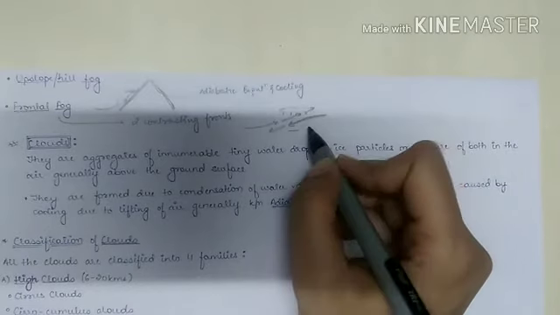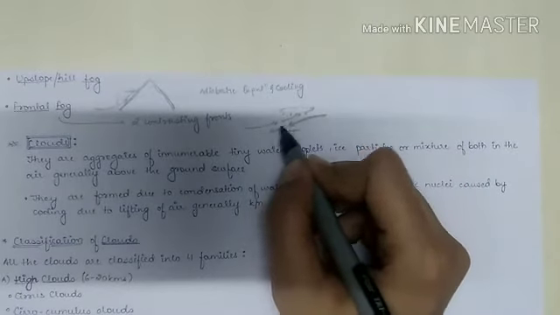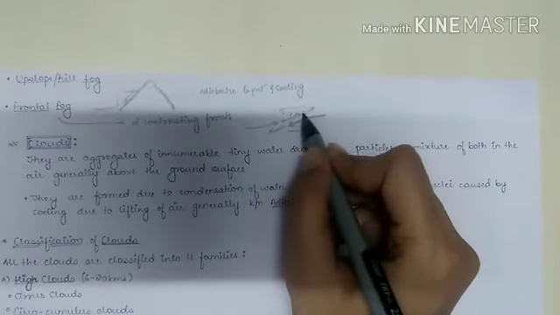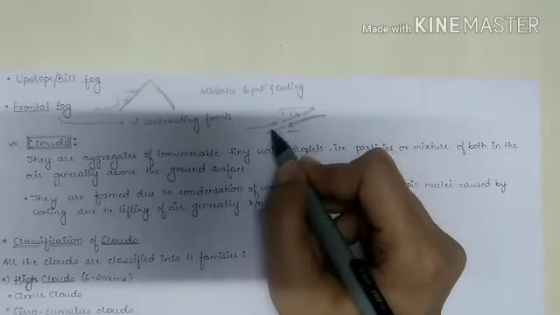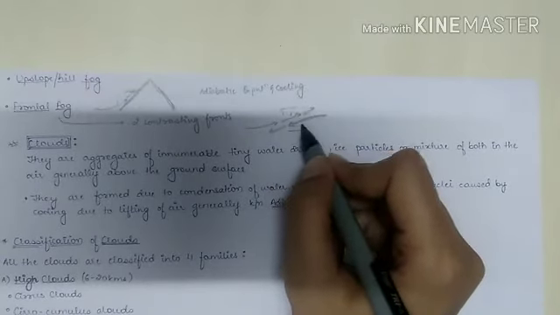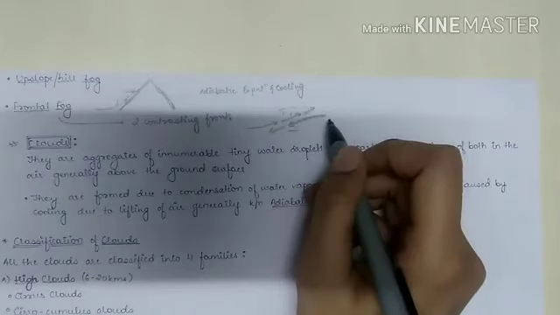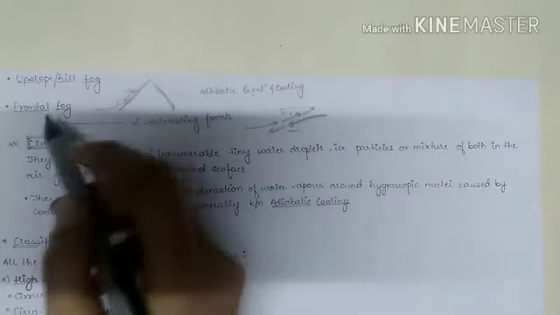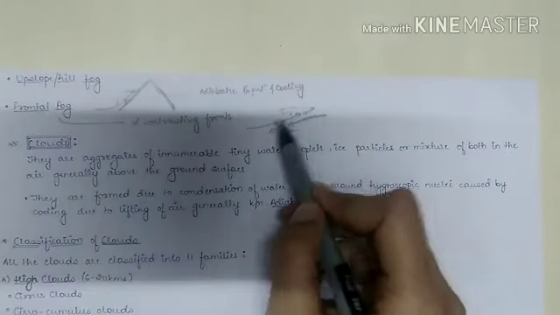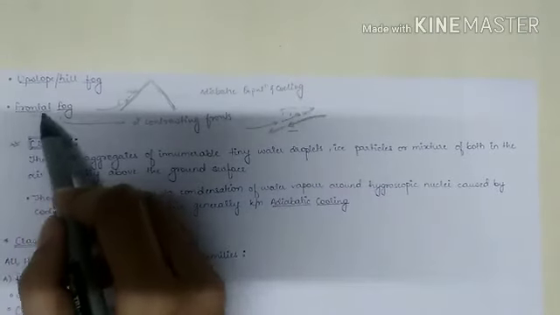Okay, so because of condensation and rainfall, the underlying cold air mass is also saturated and the fog is produced. And both these types of fog formation are known as frontal fog.